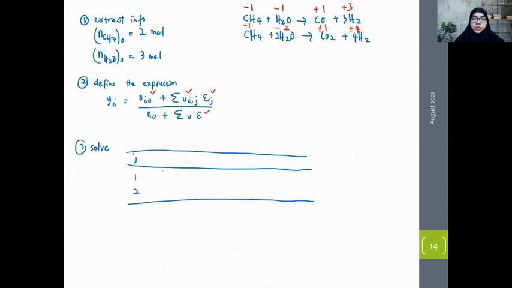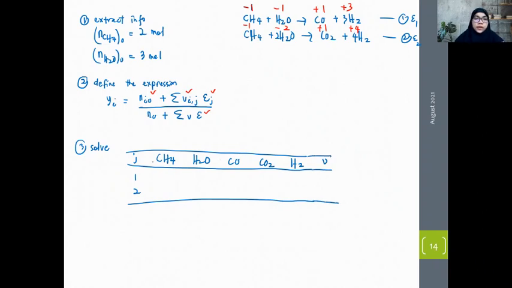We have only 2 reactions, 1 and 2, that give us reaction coordinates 1 and 2. The species are methane, water, CO, CO2, and H2. This is the stoichiometric number for each, and the total.